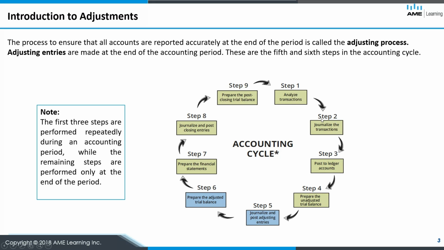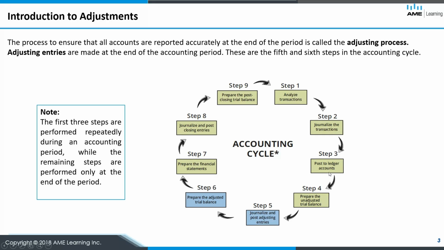That would be step two, journalizing those transactions. After creating the journal entries to record the transactions' accounting effects, we take those journal entries and post that activity to the general ledger and the specific ledger accounts that were affected by the journal entries.